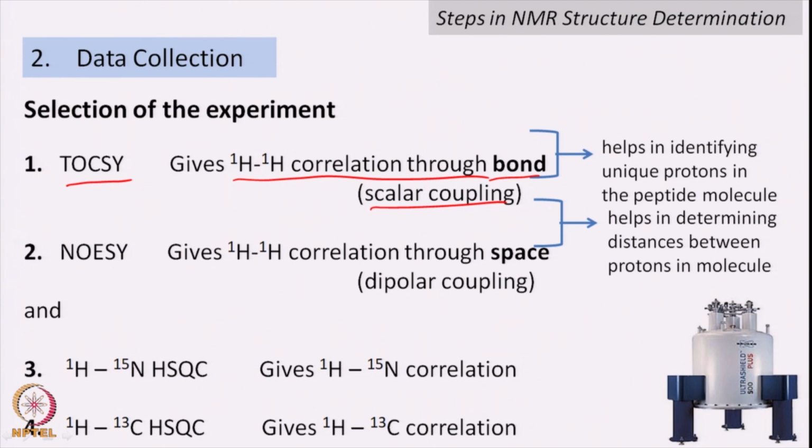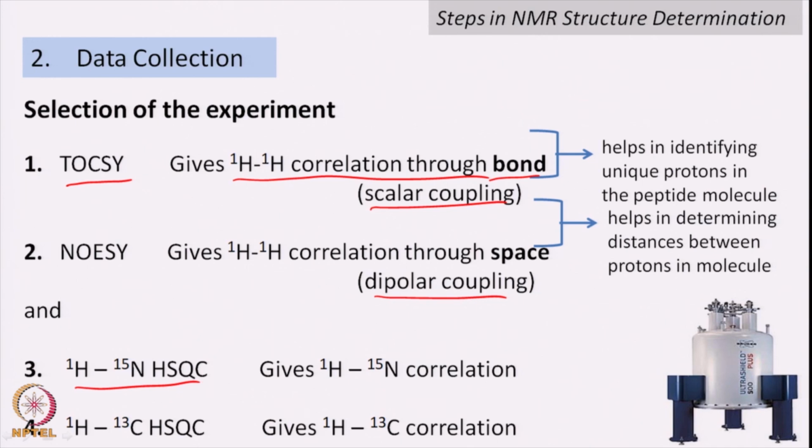The other one is NOESY, nuclear Overhauser spectroscopy. This gives correlation through space, and that is mediated by dipolar coupling. These are two proton-detected experiments. Then you can record, at natural abundance, a proton-nitrogen HSQC spectrum, which gives proton-nitrogen correlation.